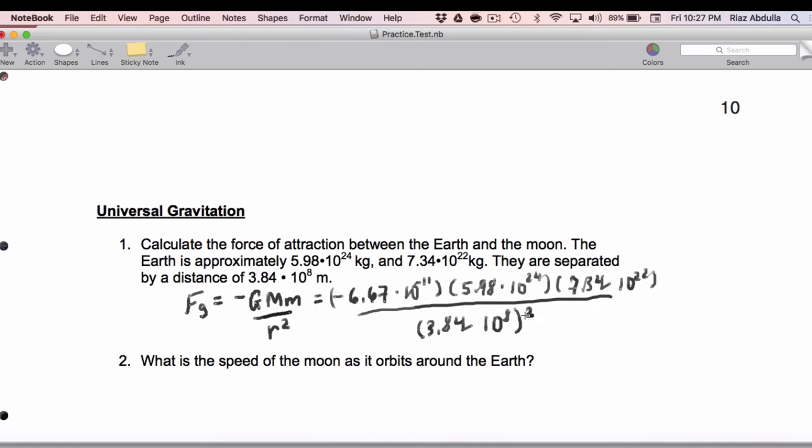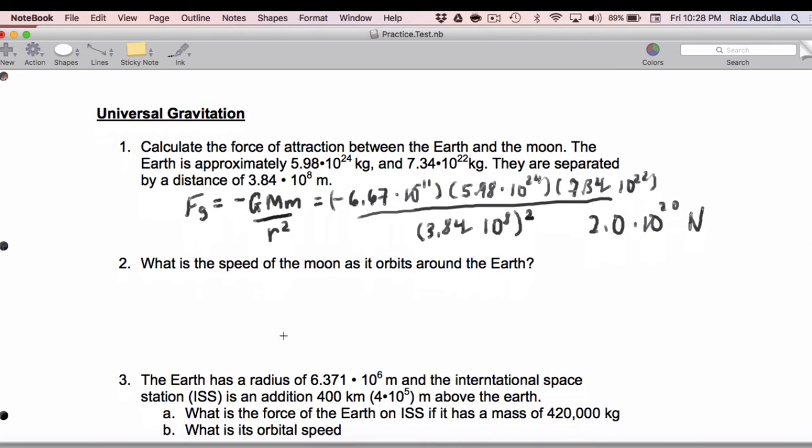So I'm taking 6.67 times 10 to the negative 11th times 5.98 times 10 to the 24th times 7.34 times 10 to the 22nd, divided by 3.84 times 10 to the 8th squared. And I'm ending up getting about 2.0 times 10 to the 20th newtons.